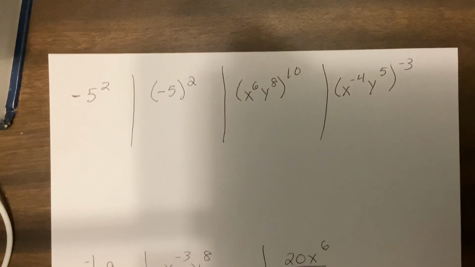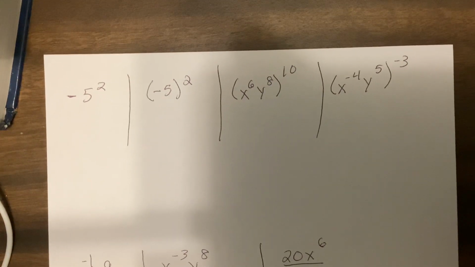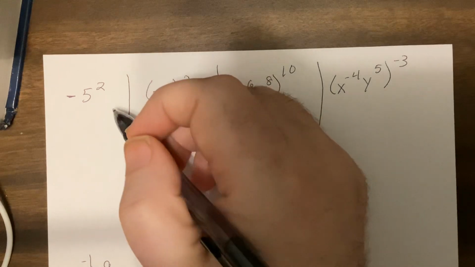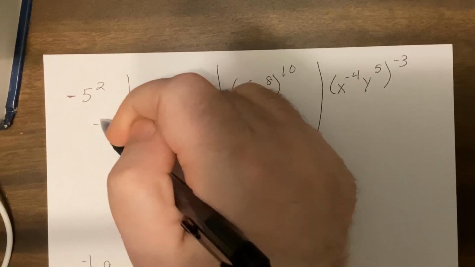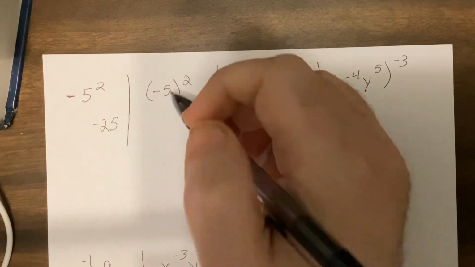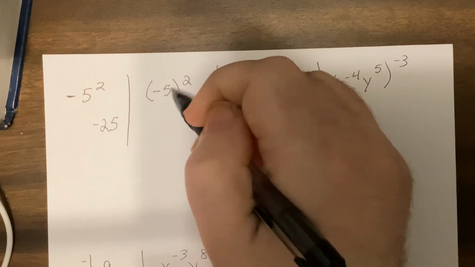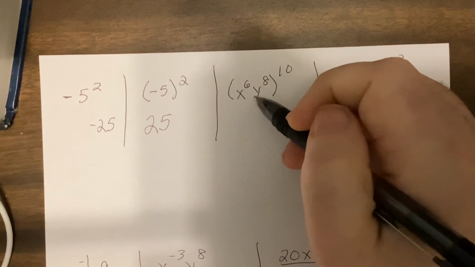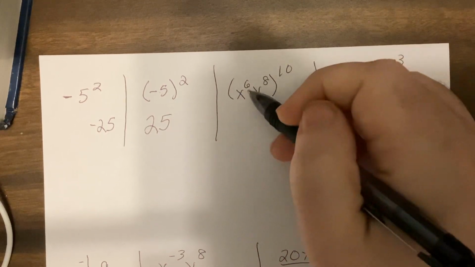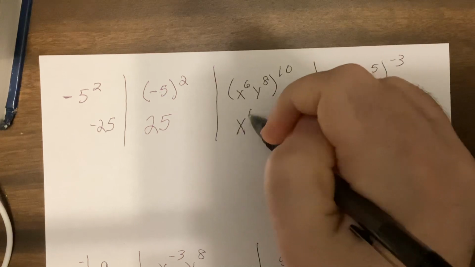Yay! Do this row, my peeps. Oh, negative not in parentheses, so it's negative 25. This one, negative 5 quantity squared is 25. I have a product to a power, so I raise both to that power.